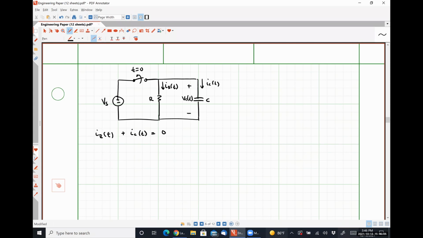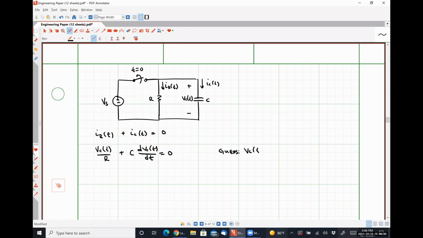I can express IR in terms of that capacitor voltage VC. So IR is just VC of t divided by R. And IC of t is C dVC of t by dt, and the sum is equal to 0. And oh no, I've got a linear homogeneous first order differential equation again that we know how to solve by using an exponential function.